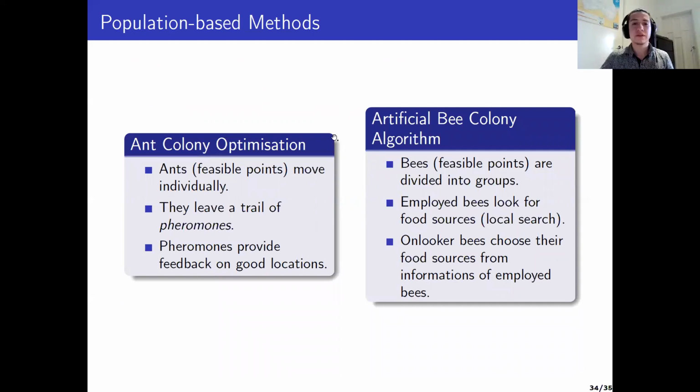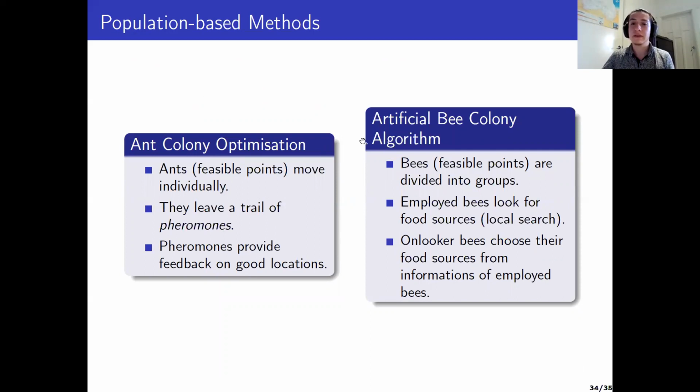We can also mention the ant colony optimization method, which is inspired by ants. Here, ants are the feasible points and they move individually, but as they move, they leave a trail of pheromones. The ants can sense the pheromones that are close enough to them, and these provide feedback on good locations, and may change the movement behavior of each of these feasible points.